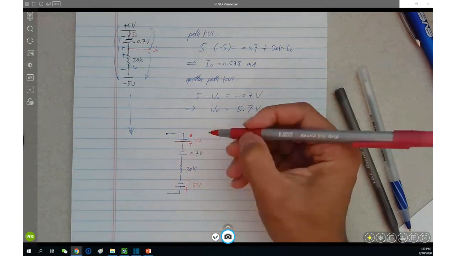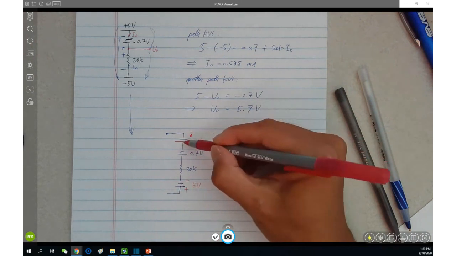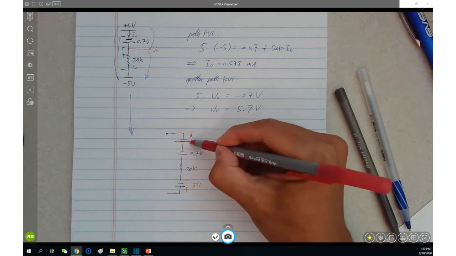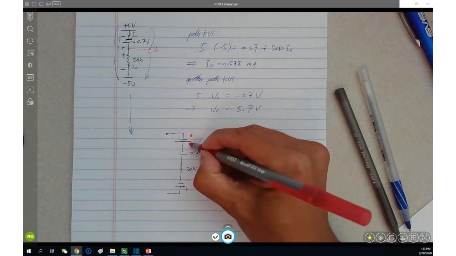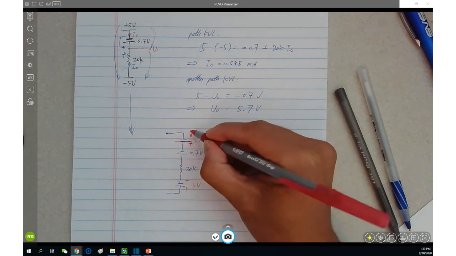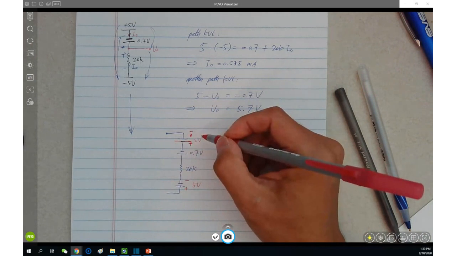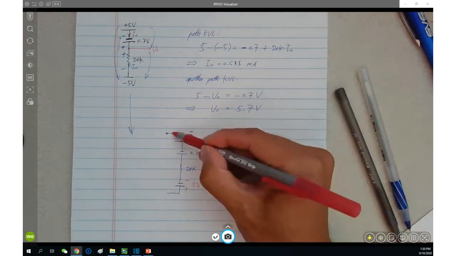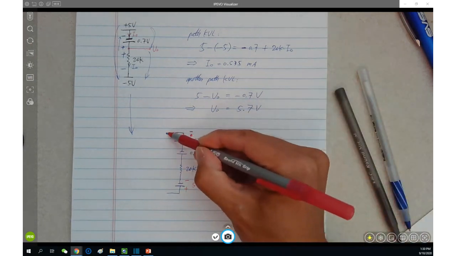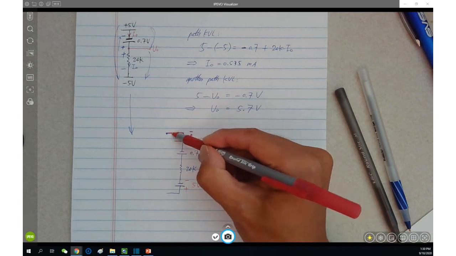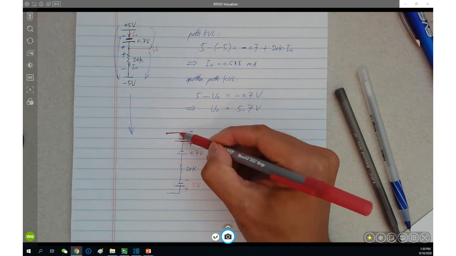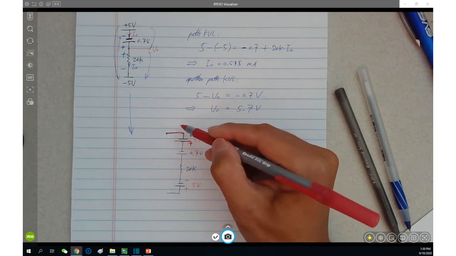Does it make sense? Top one is short bar, okay? Bottom one is here. This guy is longer bar. So bottom one here is positive. Top is negative. And what is this terminal? Anyone?